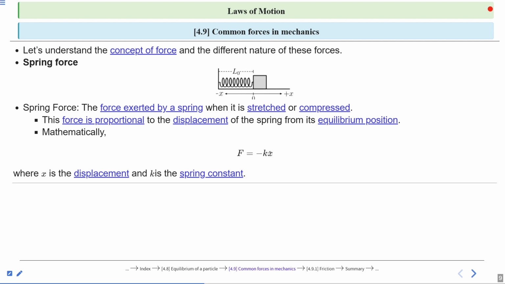Here k is the spring constant, and F is the force exerted by the spring. Unit is Newton per meter, and x is the displacement of the spring, and the negative sign shows the force is always opposite to the direction of displacement.